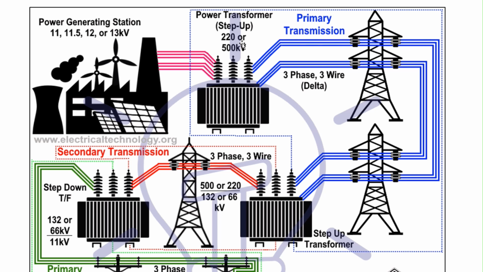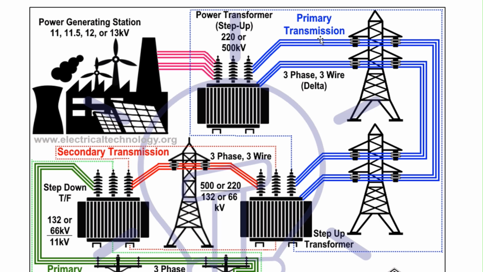As you are increasing the voltage level, the current level reduces, and the losses are proportional to the square of the transmission current. So once you bring the current level drastically down, the losses fall with the square of that level.